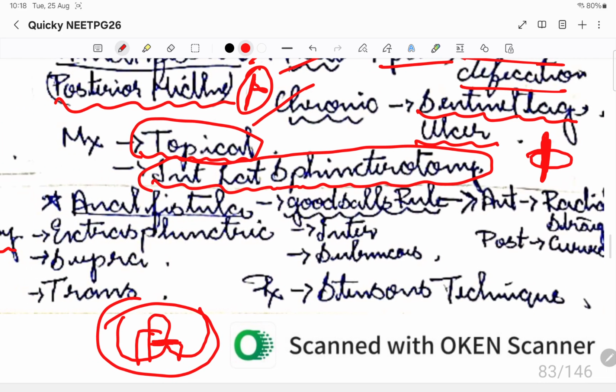Suppose this is the anus, and this is the posterior and this is the anterior. What it tells is the anterior ones will be radially straight, so the internal opening and the external opening will be straight, whereas the posterior ones usually will be curved. This is called Goodsall's rule.